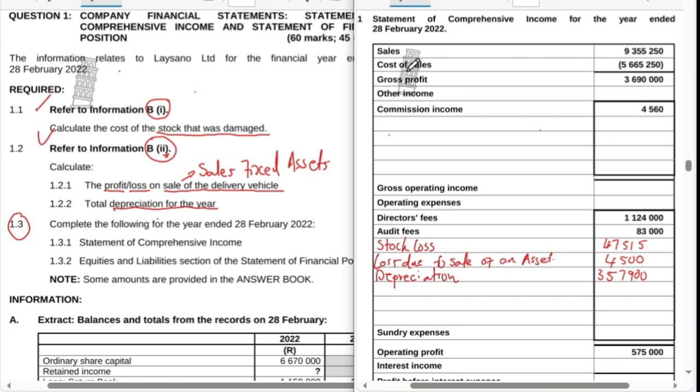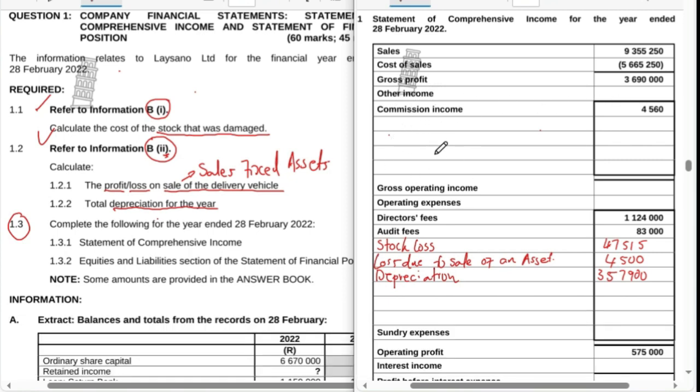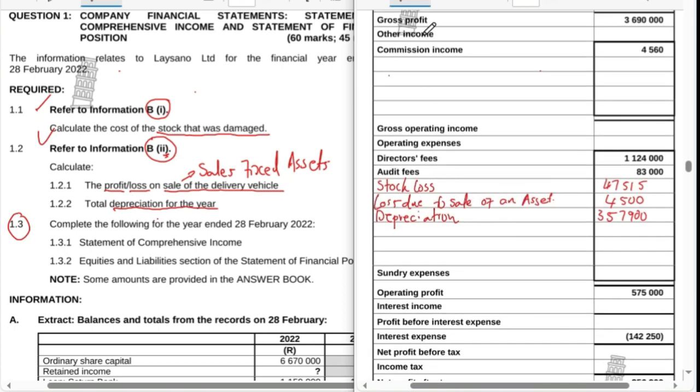So guys, this is our income statement structure, and make sure you are familiar with it. It says sales minus cost of sales gives gross profit. Then we have other incomes: commission income has been given to us, and we include other relevant incomes. Gross profit plus other incomes equals gross operating income. Then we add all our expenses to get operating expenses.